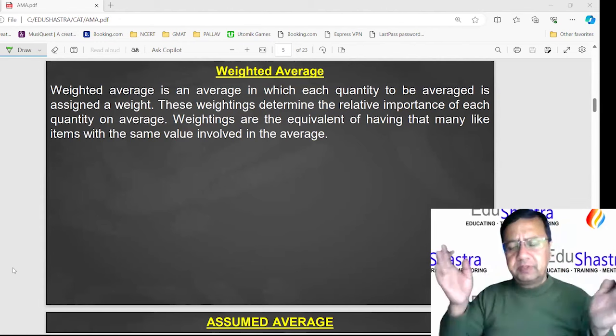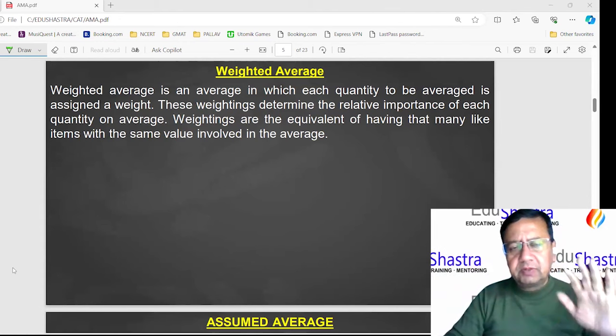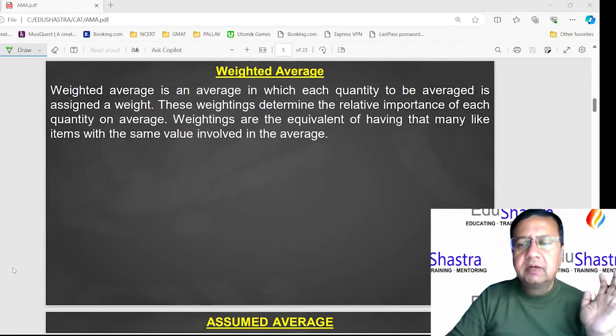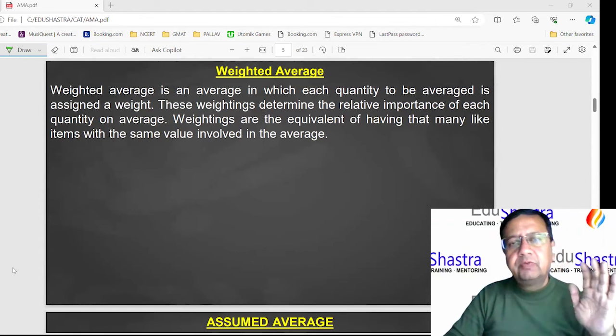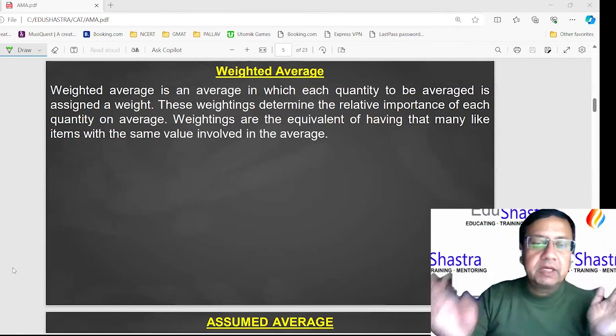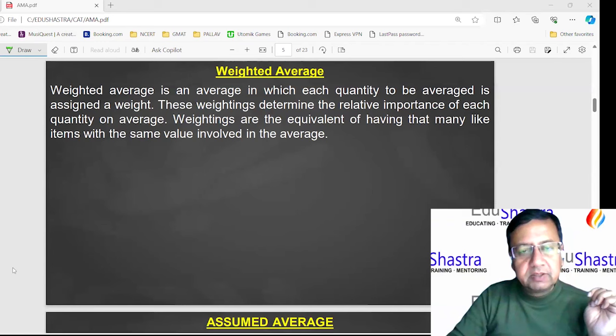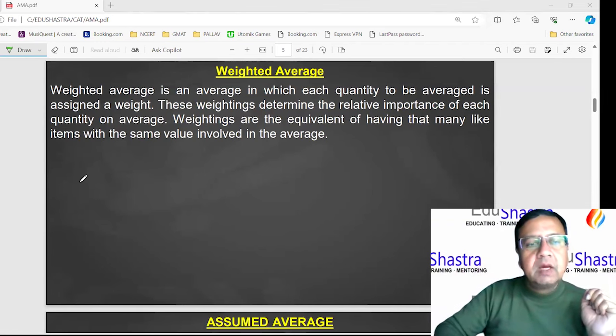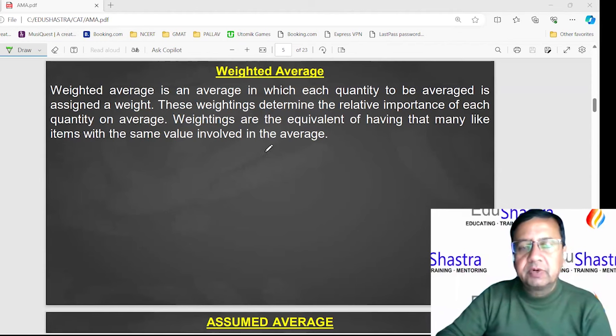So there are various things which we do throughout the year or throughout the semester. And then at the end of the year or the semester, we are getting the mark sheet, which is the weighted average of all the activities which we have done throughout the session, right?